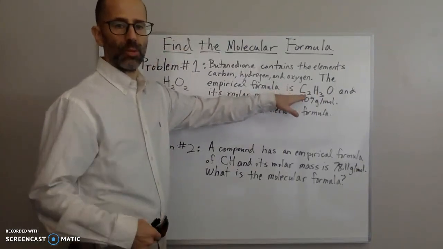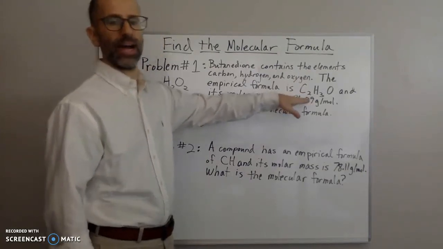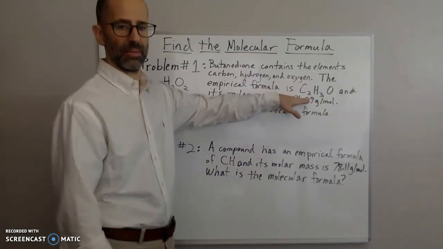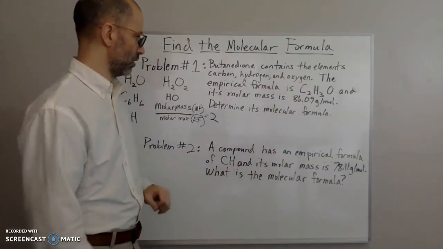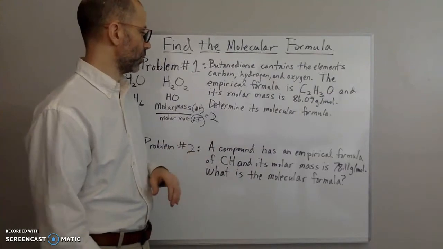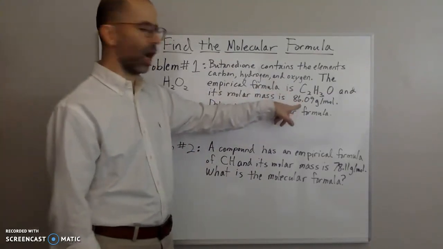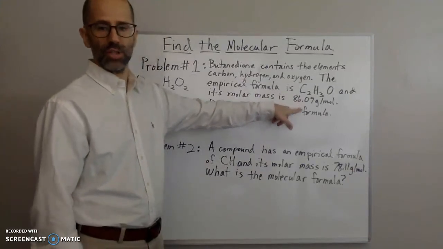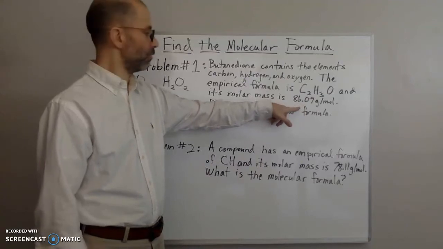So in another problem later in another video, I will go over where you actually have to find the empirical formula and then the molecular formula. But these two problems, they give you the empirical formula and they give you the molar mass of the actual substance. So this is the molar mass of the molecular formula, right?